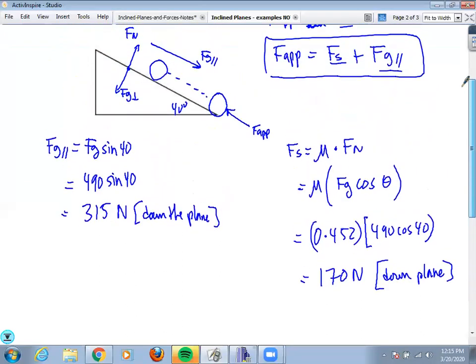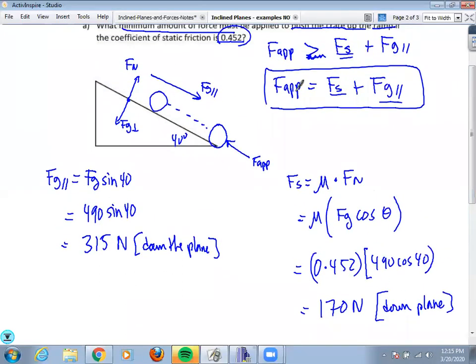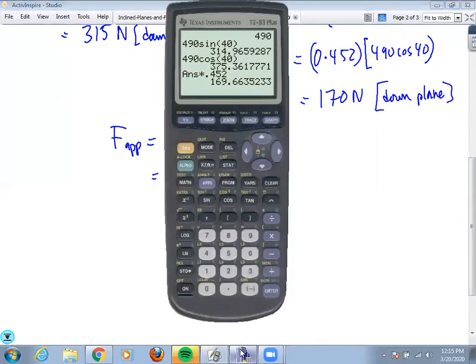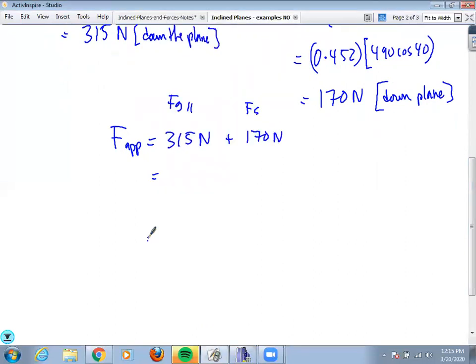So back to our equation here, F applied, minimum force, is equal to the static friction plus Fg parallel. So we can get our final answer. F applied must equal 315 newtons, Fg parallel, plus 170 newtons, which is static friction. And we can get to our final answer, 170 plus 315 yields 485 newtons.